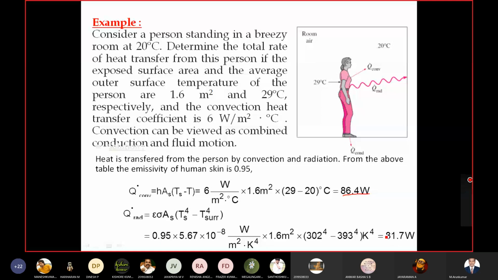We need to add both together, as convection and radiation processes both happen. Comparing these two, the heat transfer by convection is slightly more than by radiation.